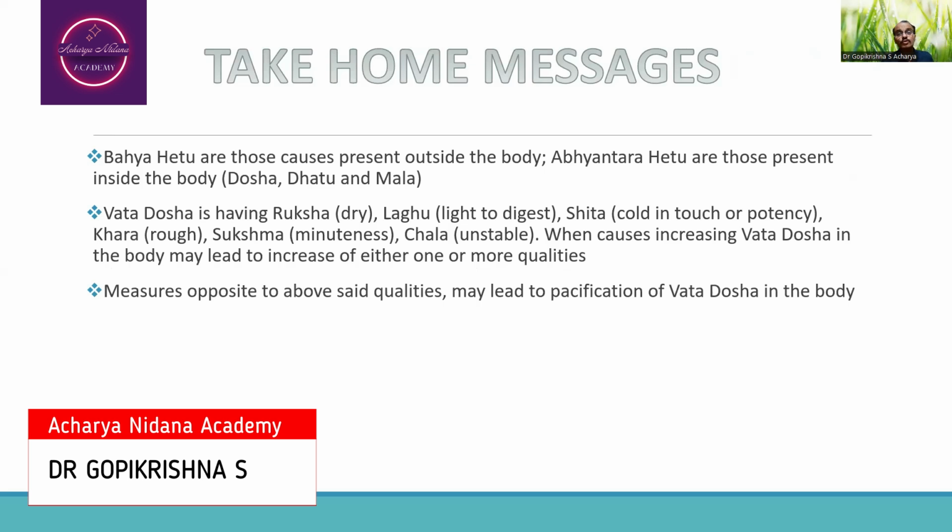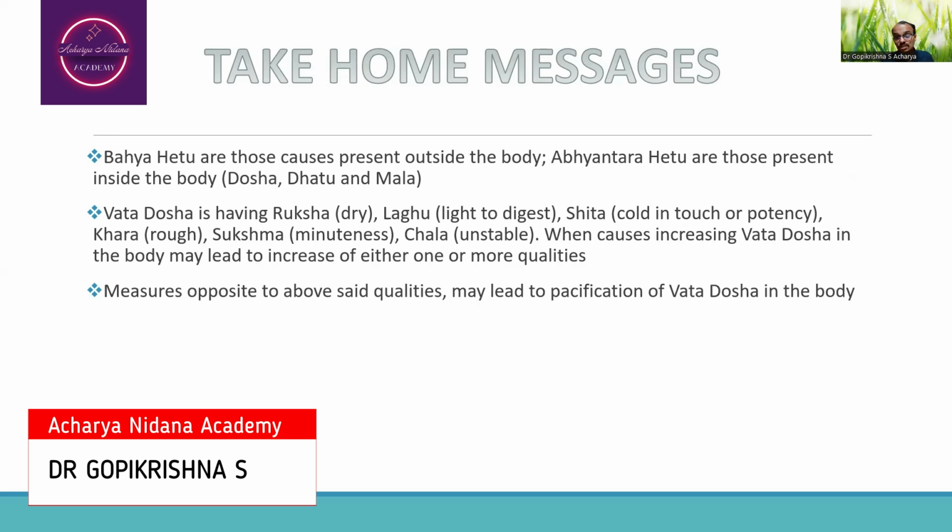So the take-home messages from today's discussion are: Bahya Hetu are those causes which are present outside the human body, whereas Abhyantara Hetu are those which are present inside the human body, that is Dosha, Dhatu, and Mala. Vata Dosha has Ruksha Guna or dry quality, Laghu or light to digest, Shita or cold in touch or potency, Khara rough, Sukshma minuteness, and Chala that is unstable.